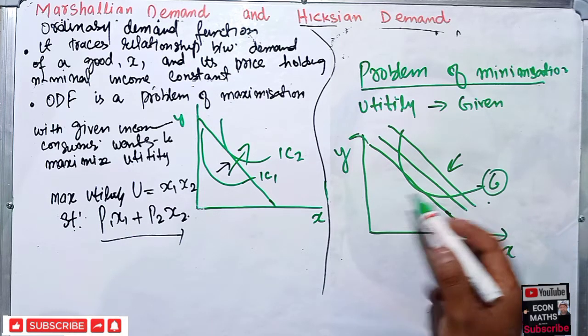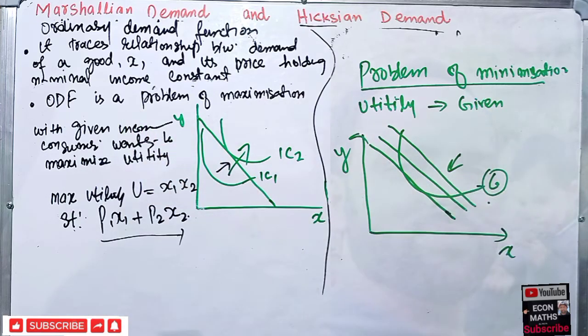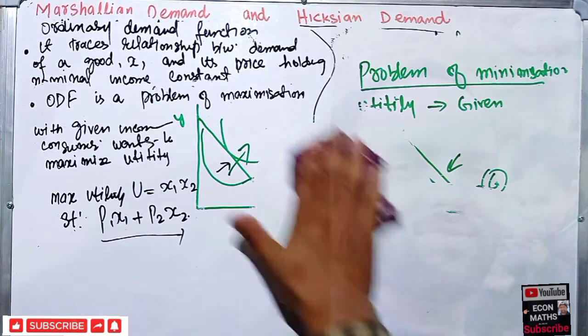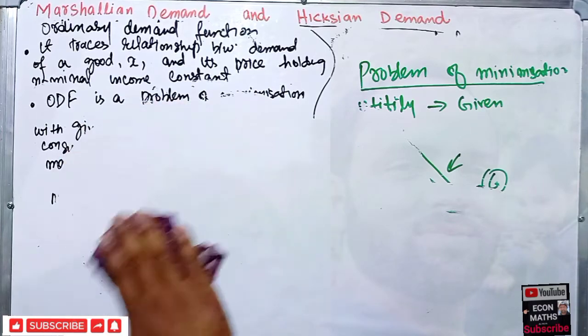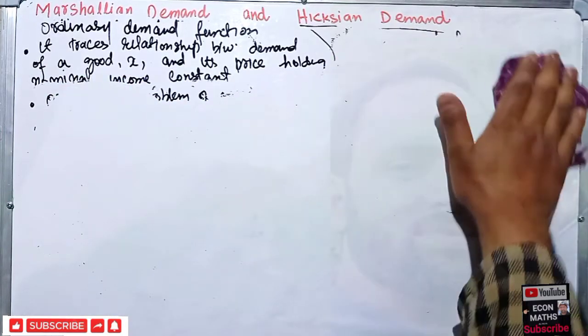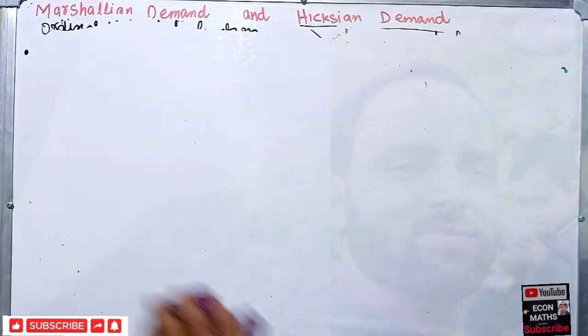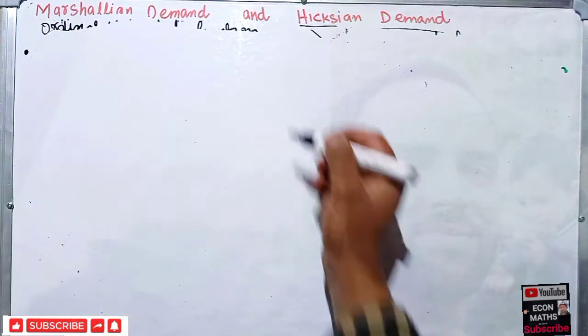So this is the problem of minimization, and the Marshallian demand function is the problem of maximization. I hope I am making myself clear. So I will graphically try to show the difference between the Marshallian demand function and the Hicksian demand function. Let me draw a graph.